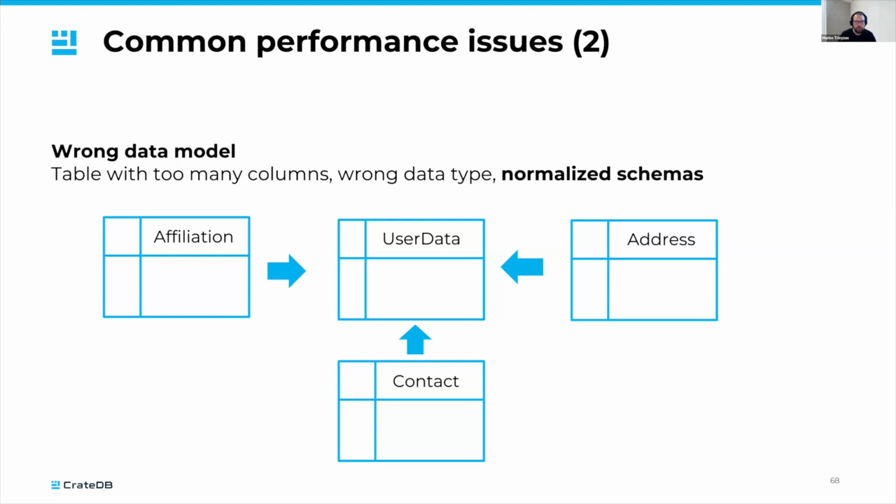Although CrateDB can perform joins, even with multiple tables, not only two, in a clustered environment, when these tables become bigger and bigger in number of rows, you can hit a point where your query will be quite slow to execute. So you need to avoid as much as possible having data split into several tables, where you need to join all of them to get back the required results.